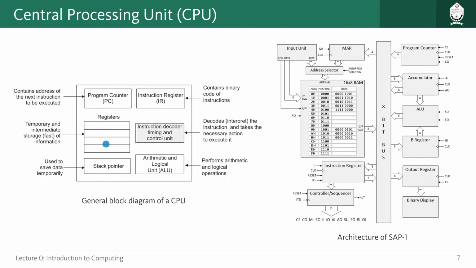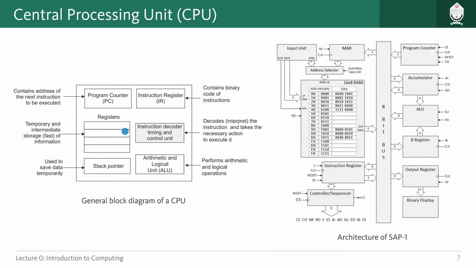These general purpose registers are what help us do different kinds of arithmetic operations, right? Here you also saw that we had the B register, or the accumulator, sometimes called register A, and these are the kinds of registers we are seeing here.